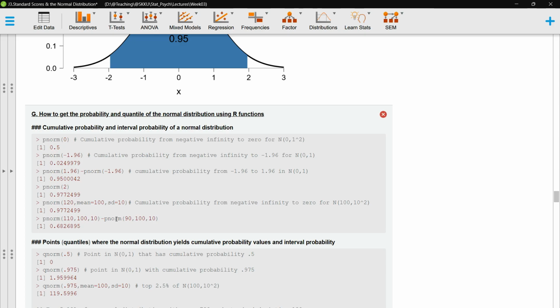So within the 1 standard deviation, what is the cumulative probability for that interval? And this is the number. So we already know that 68 point something % are within that interval, right?